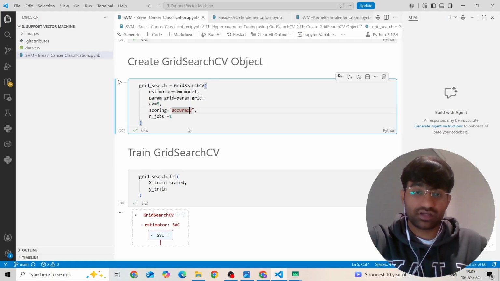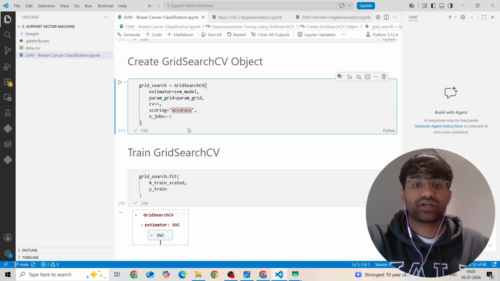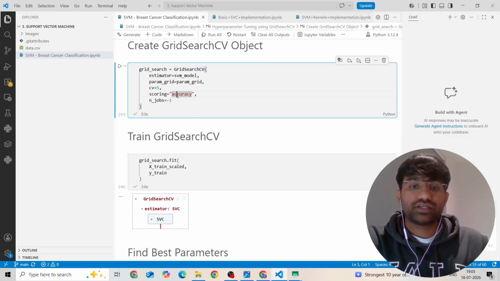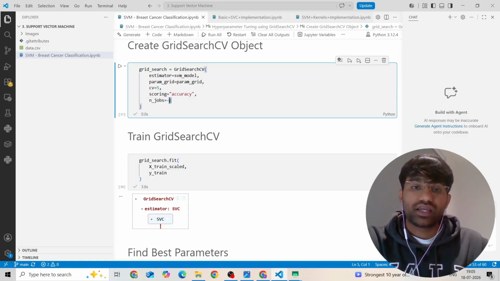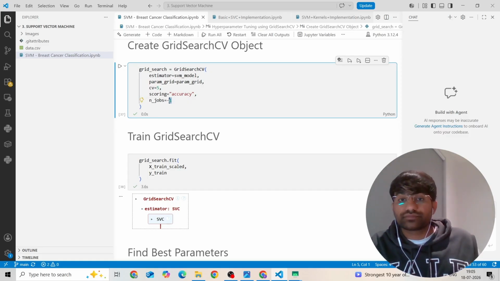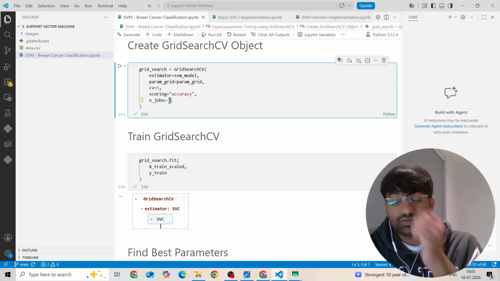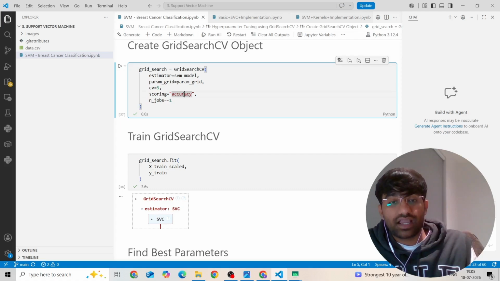My focus is on demonstrating hyperparameter tuning in support vector machine. So scoring is equal to accuracy, and n_jobs is equal to 1. And how many times do you want to test it with the actual test data? I have chosen only 1.